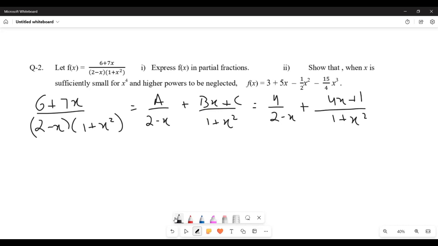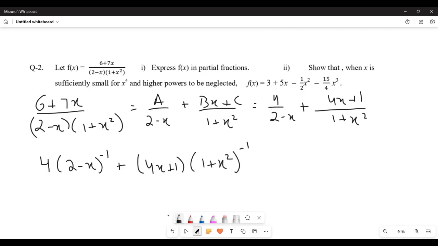So now we have to expand it. And we have to expand two expressions. One is (2 minus x) power minus 1, and the other one is (1 plus x squared) power minus 1.